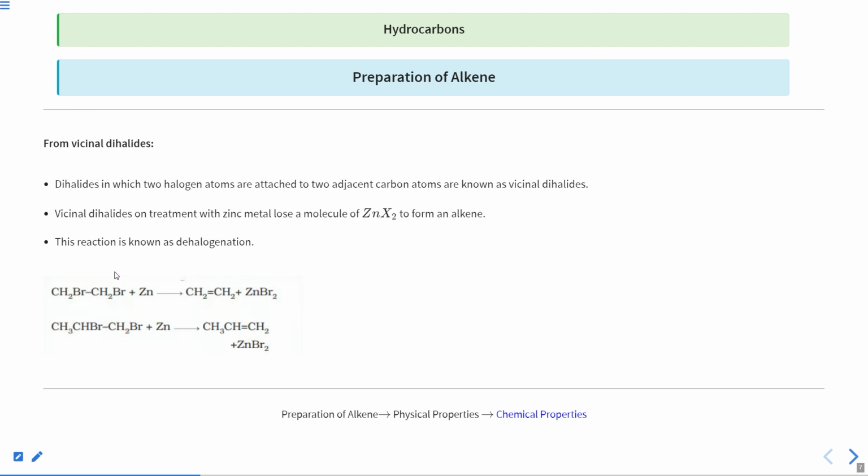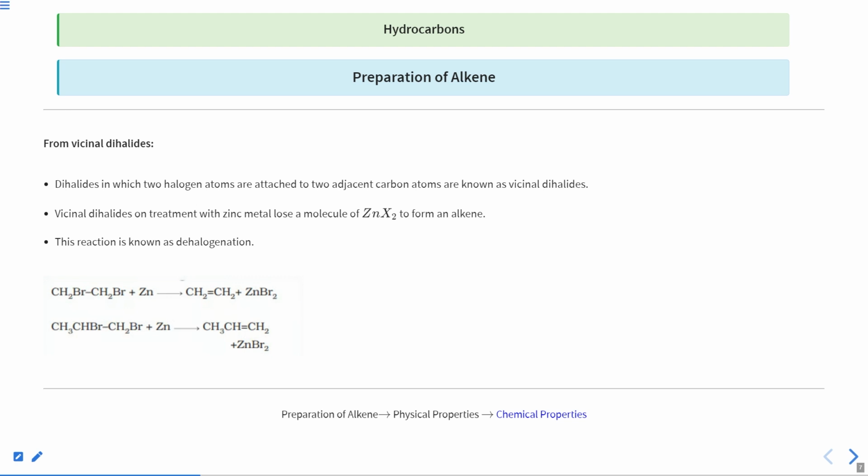So in this reaction, we treat the vicinal dihalide with zinc, and this reduces the vicinal dihalide to alkene. This is called dehalogenation, because we are removing both halogens. The previous one was called dehydrohalogenation.